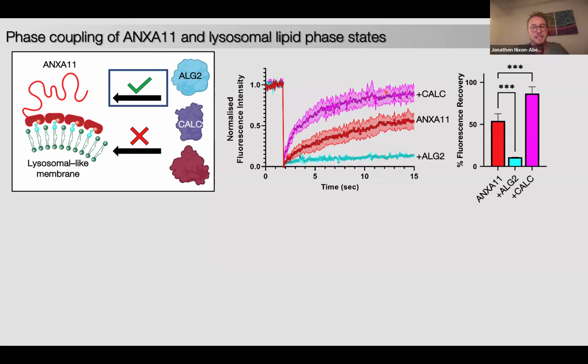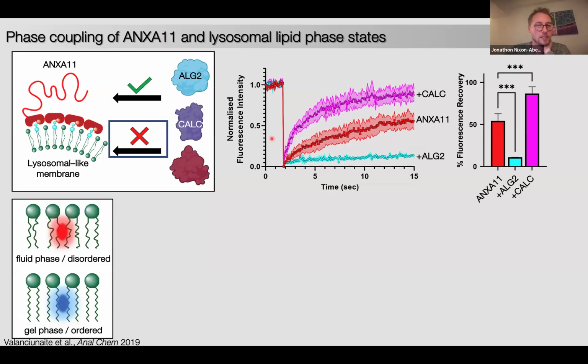And I'm not going to go into the data here today, but I think it's very important to mention that we also checked with FTIR, and the effects of ALG2 here on annexin don't correspond with an increase in intermolecular beta sheet content, suggesting that this is a phase transition that is not occurring as a result of classical aggregation.